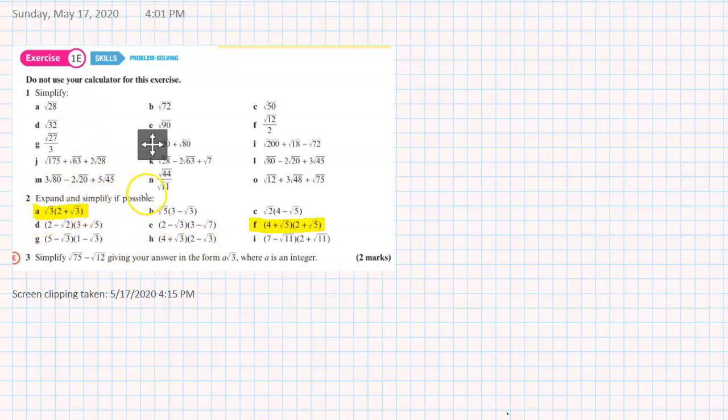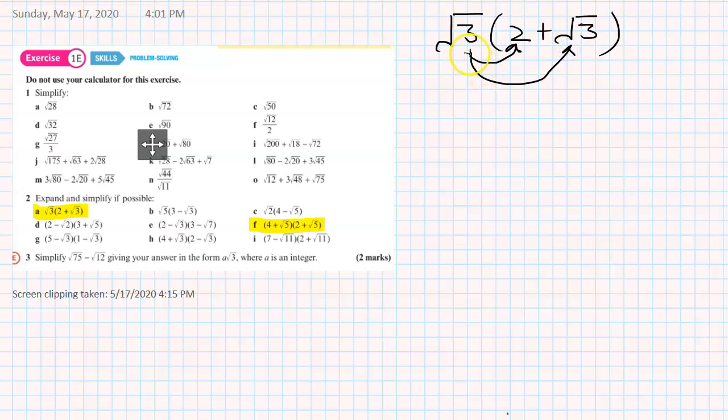Now expand and simplify. Expand, as I told you, means remove the bracket. So this A part is root 3 in bracket 2 plus root 3. It is simple. The way we open the bracket, this is supposed to be multiplied by this, and this by this, and if there is a third term, that too.